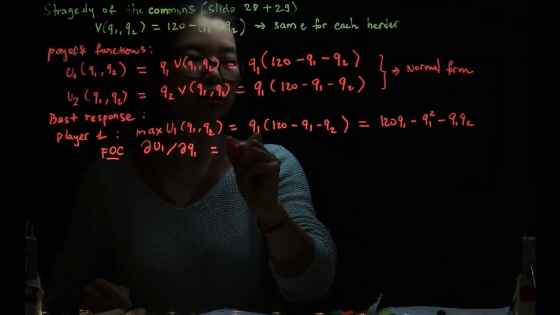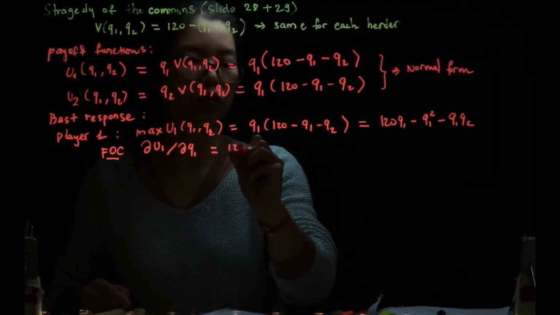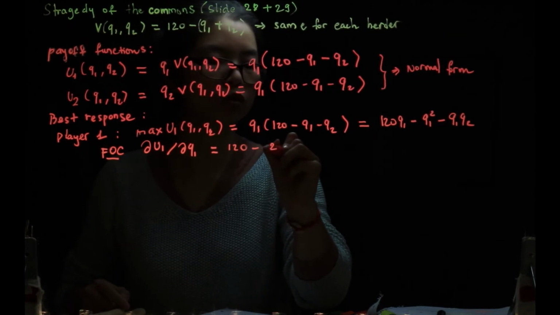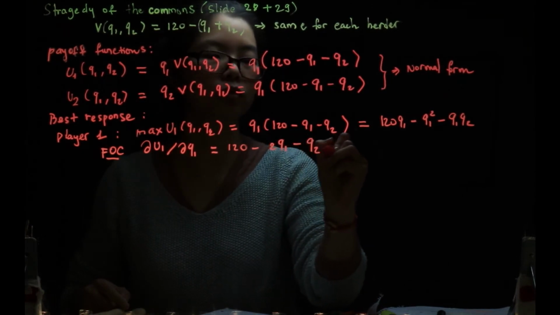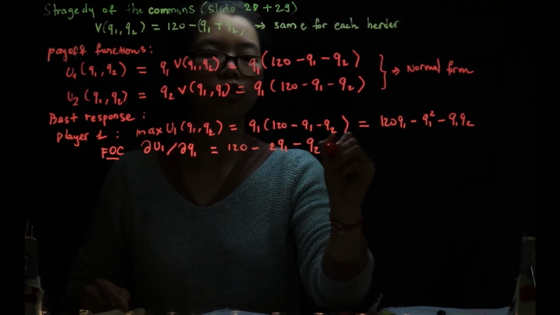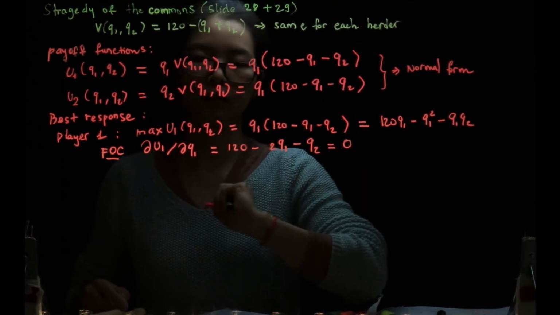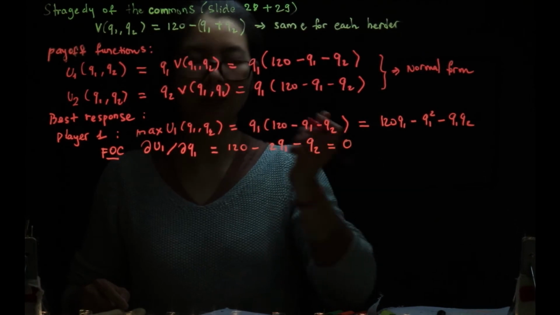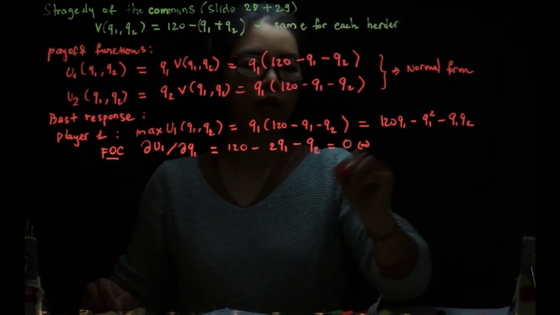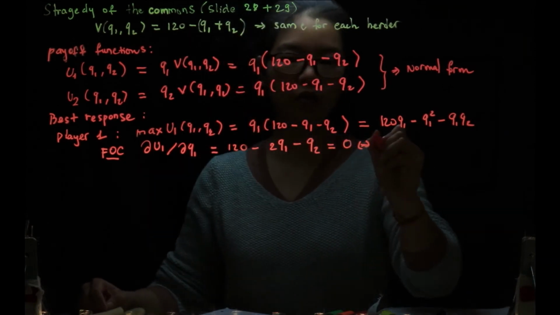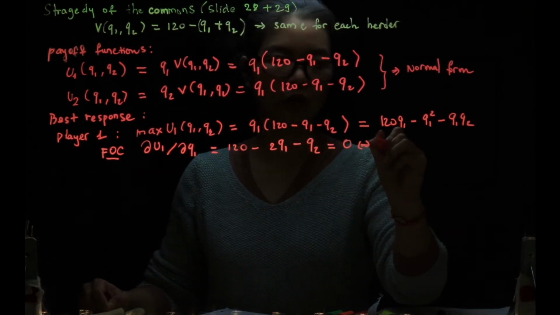So the derivative will be 120 minus 2Q1 minus Q2, and that should be 0, right? First order condition of maximization, which we could also rearrange to solve for Q1.